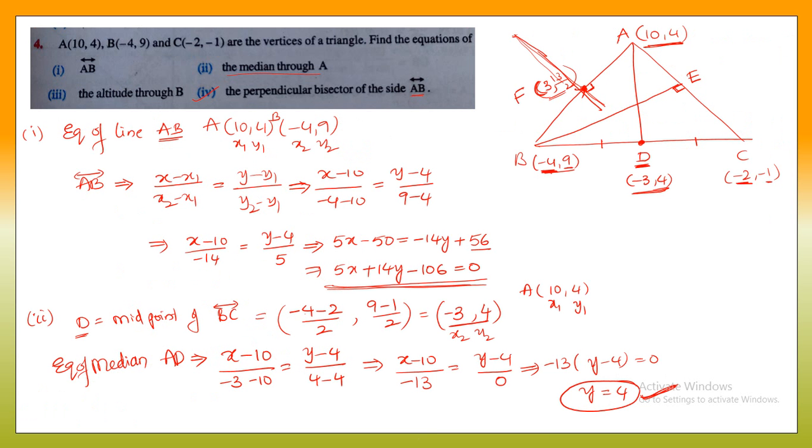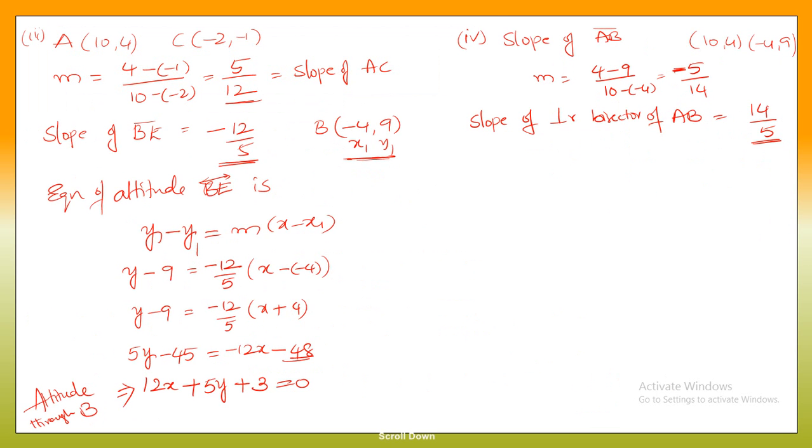The midpoint of the given line is the point F, 3 comma 13 by 2, which is the midpoint of AB. A perpendicular bisector passes through the midpoint of the given line and its slope is perpendicular to the slope of the given line, right?